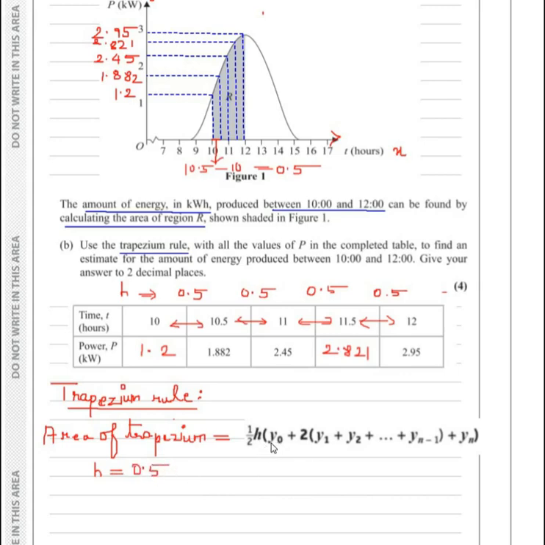Now next is what is y0. y0 is the first value in the table, that is this value at time equal to 10. So this becomes your y0. Then y1, y2 and so on. So we have to go just above.